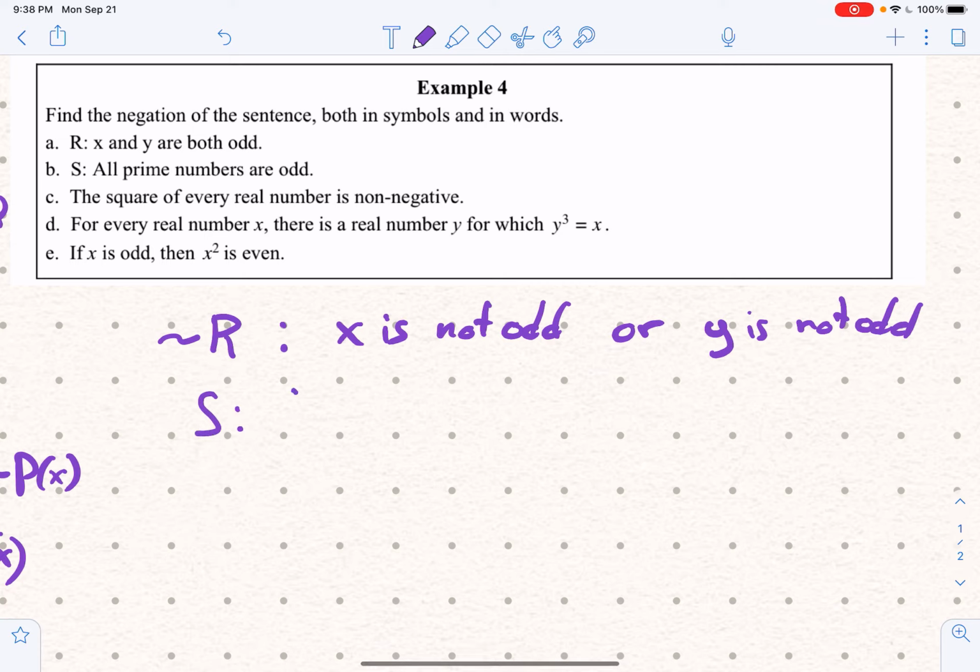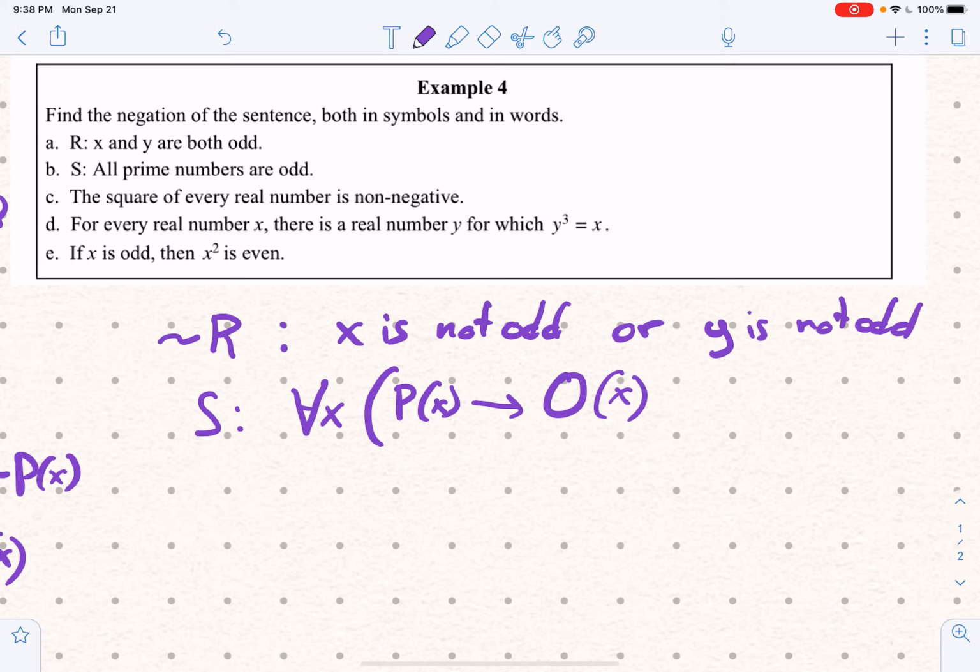Let's do it something like this: for all X, if P of X, that is, if X is prime, then O of X, then X is odd. I'm just making up letters to symbolize these properties, P of X for X is prime, and O of X for X is odd.